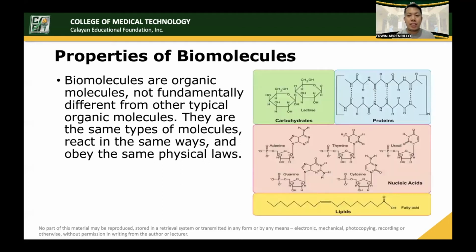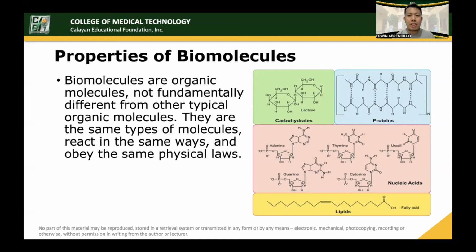So on the right side are the four biomolecules that we are going to tackle. And as you can see here, they are composed of different organic molecules. So for example, carbohydrates are composed of carbon, same thing as with protein, nucleic acids, and lipids.